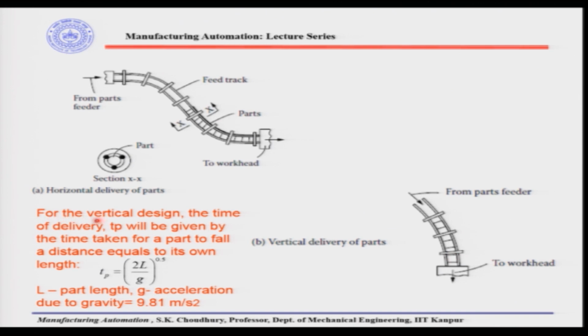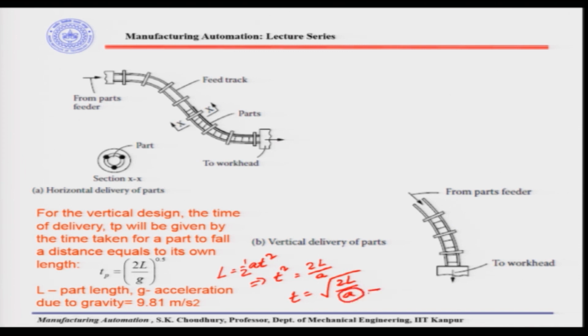For the vertical design, the time of delivery Tp will be given by the time taken for a part to fall a distance equal to its own length. For example, in this case Tp is equal to root over 2L by g. This comes from what we said earlier, that L is half g t square, and therefore t square is 2L by acceleration, and t is equal to root over 2L by acceleration.